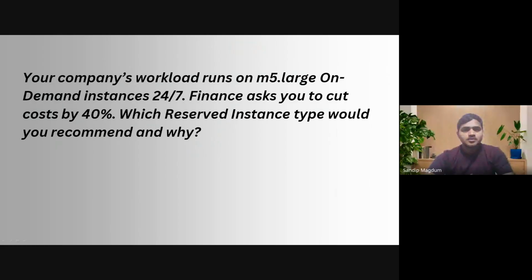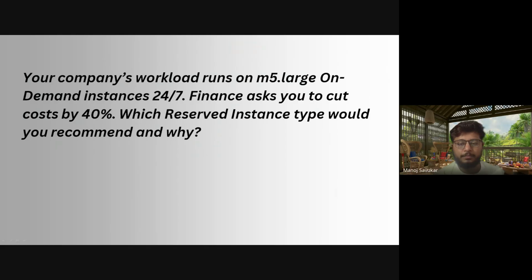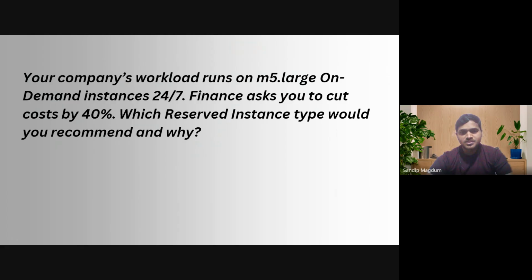Okay. In this scenario, the workload is currently running 24 by 7 on an M5 large on-demand instance. So we would choose reserved instances, as they give us a long-term commitment discount.